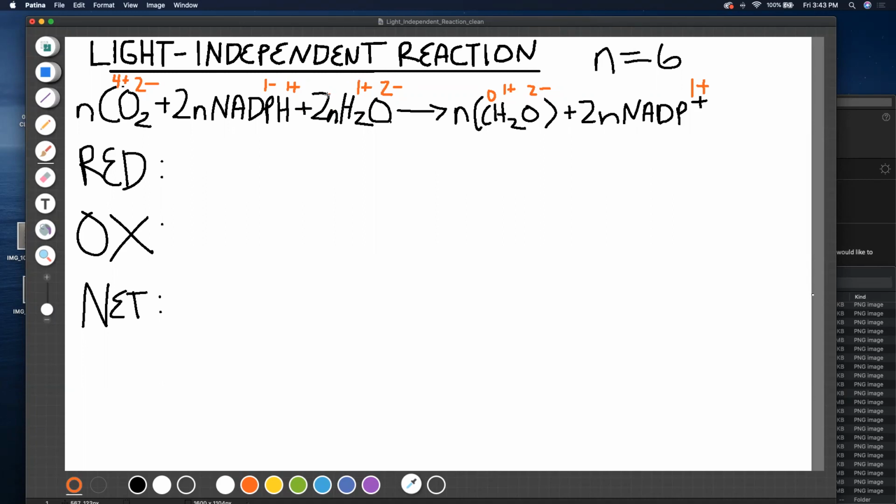Okay, so one thing that could be confusing is, what's happening here with the water? Well, you can just completely ignore the water because it is not being used in the redox steps of the light independent reaction. This water is actually being used to turn ribulose 1,5-bisphosphate into 3-glyceraldehyde phosphate.